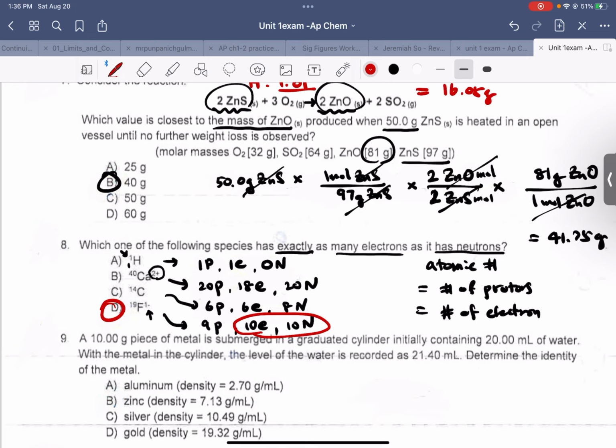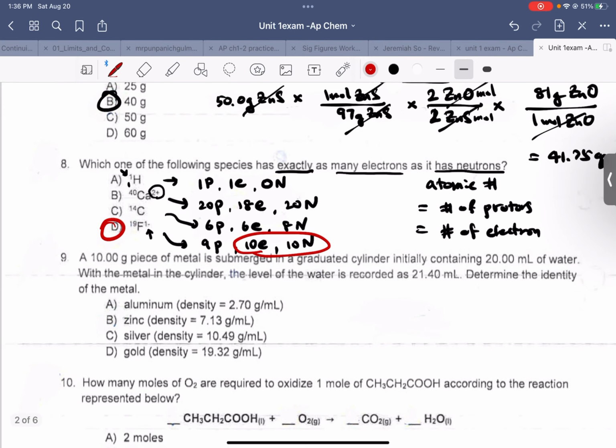Now let's move on to number 9. A 10-gram piece of metal is submerged into a graduated cylinder initially containing 20 milliliters of water. With the metal in the cylinder, the level of the water is 21.4. So the situation is a graduated cylinder with water, and you submerge a piece of metal, and the level goes a little higher, right? It used to be 20.